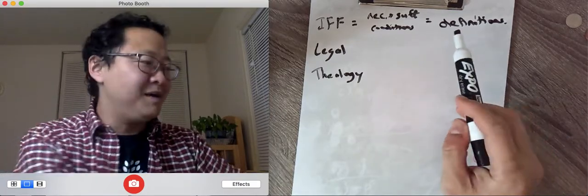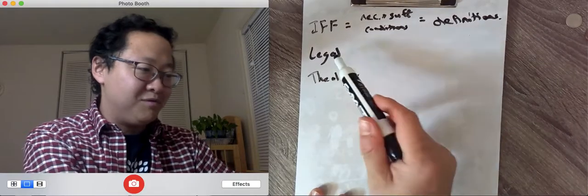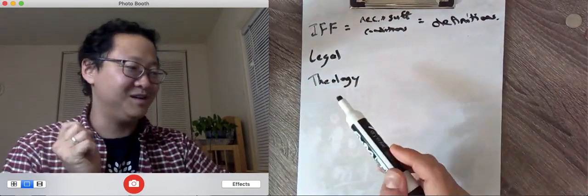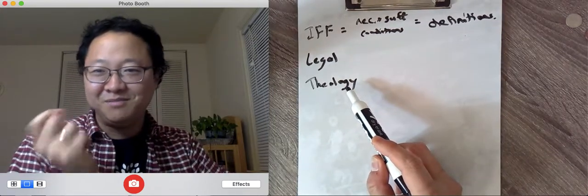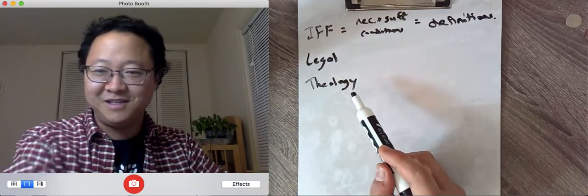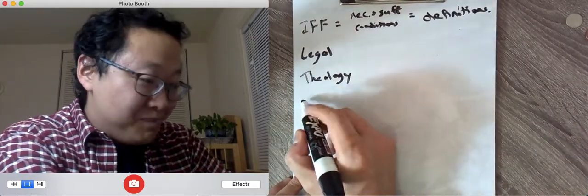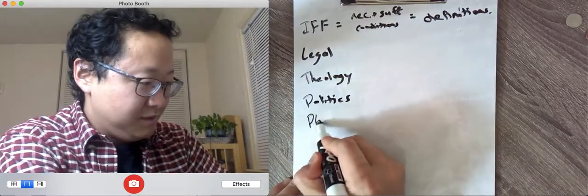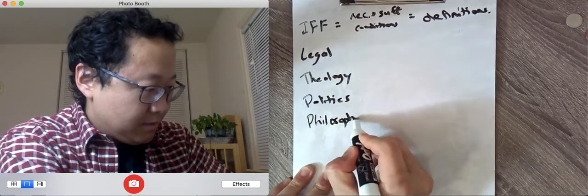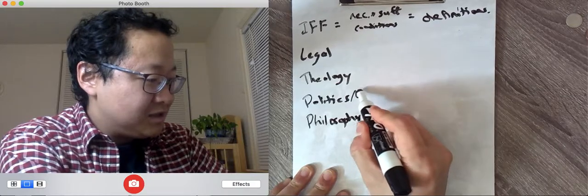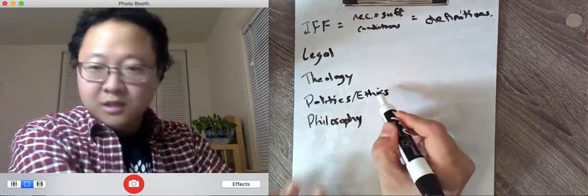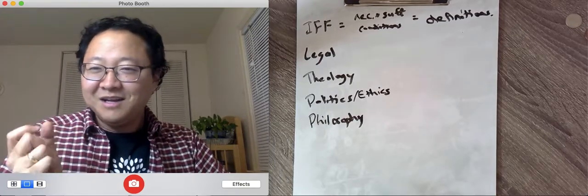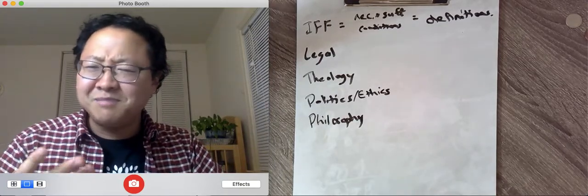And let's talk about definitions, which are going to be important for legal issues, theology, like what counts as a citizen, or what it means to be a believer or part of a church. It's also going to be important for politics, which is connected to legal issues, and philosophy. And by politics, I also mean ethics. A lot of times we care about what it is to be human.